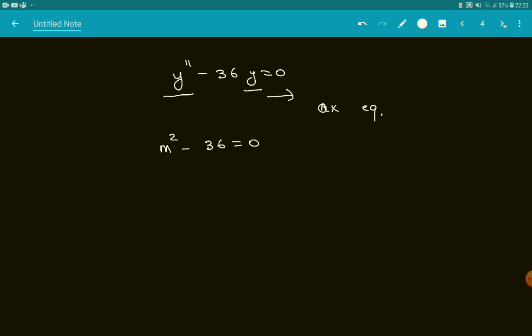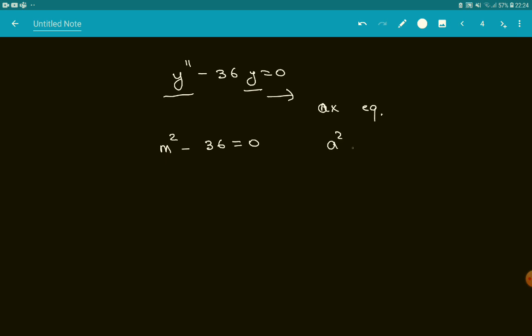So we need to find the roots for the equation, right? We cannot write m square is 36 and m is 6. Actually, you can, but you will lose one of the roots, so this is not the way. The correct way is like this.